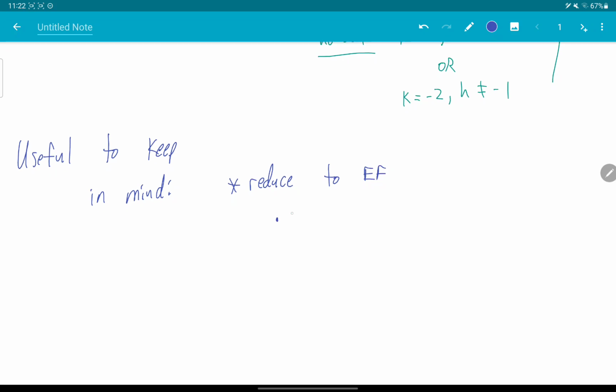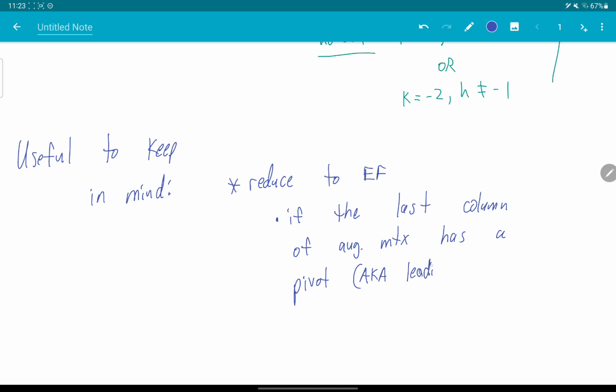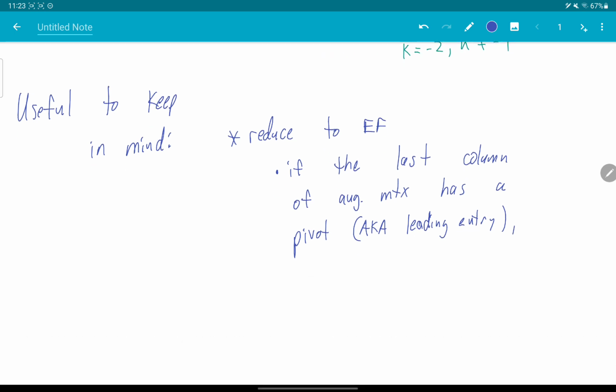If the last column of the augmented matrix has a pivot, okay, pivots are also known as leading entries, then there's no solution.